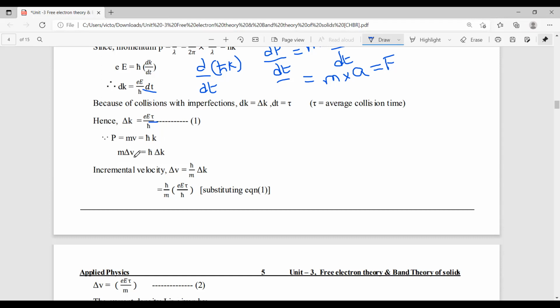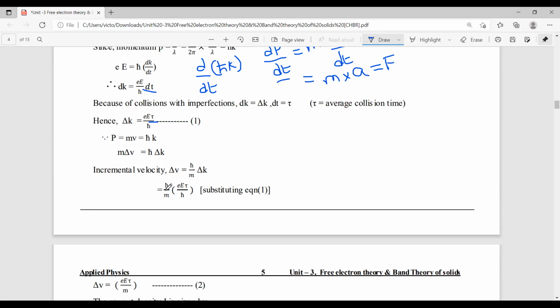Now, taking both sides as functions in terms of delta, so there is a small change, a small error. So we get m delta v equal to h cross delta k. Now cross multiply m, then the small increase in velocity, delta v, is equal to h cross by m delta k.